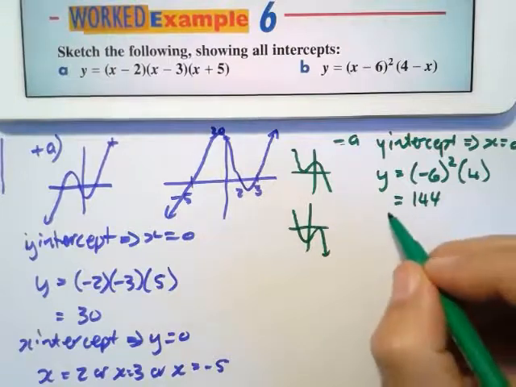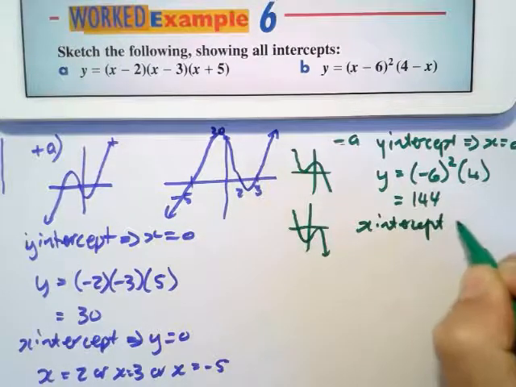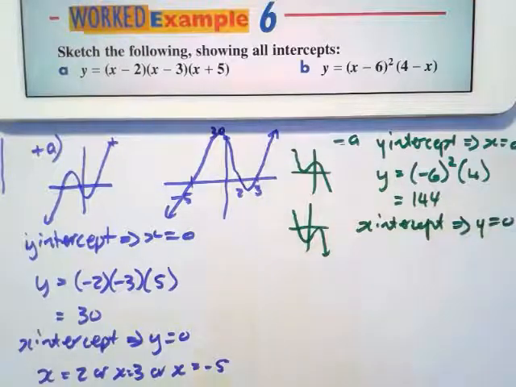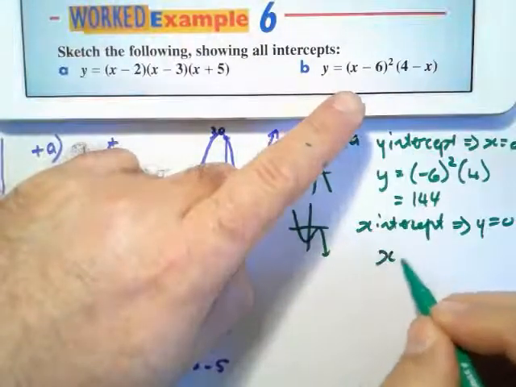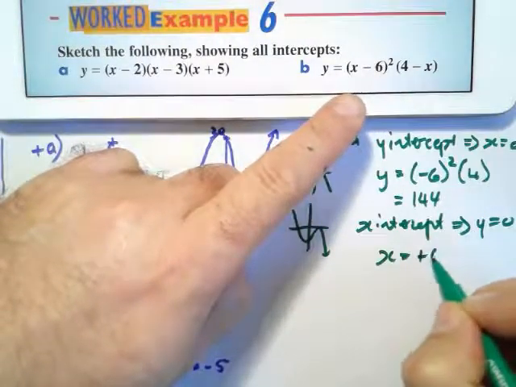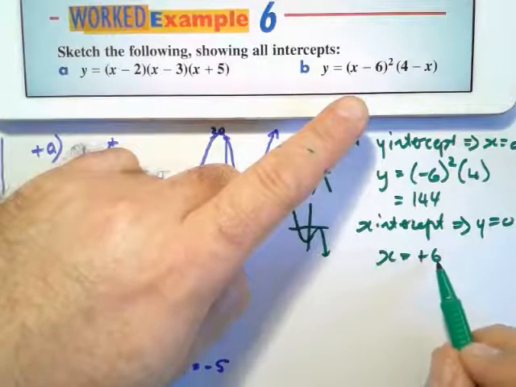My x-intercepts are where y equals 0. Where is y 0? Then x equals positive 6 twice, so it means it turns on plus 6.